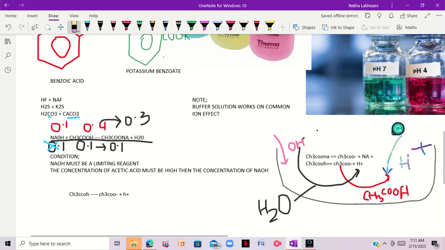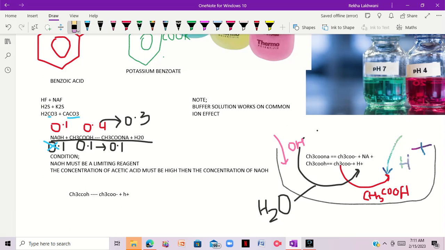Now what will happen if you add OH ions into this? This OH ion will react with this hydrogen ion and they will form water. Now this fresh water which is produced will react with this acetic acid and again dissociate. So again dissociation will take place. No, there will be no certain change in pH.